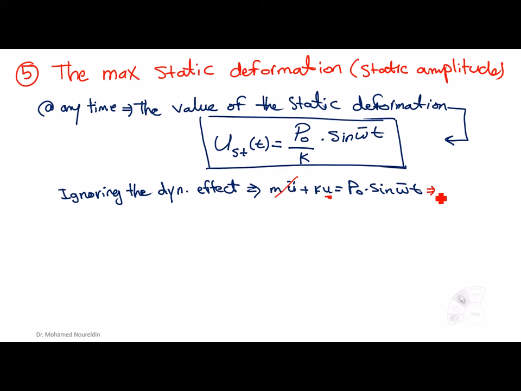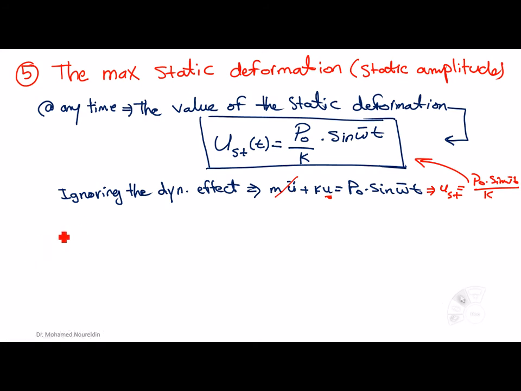Based on this, u static equals P node sine omega bar t over k, which is here, right? So that's the condition here.